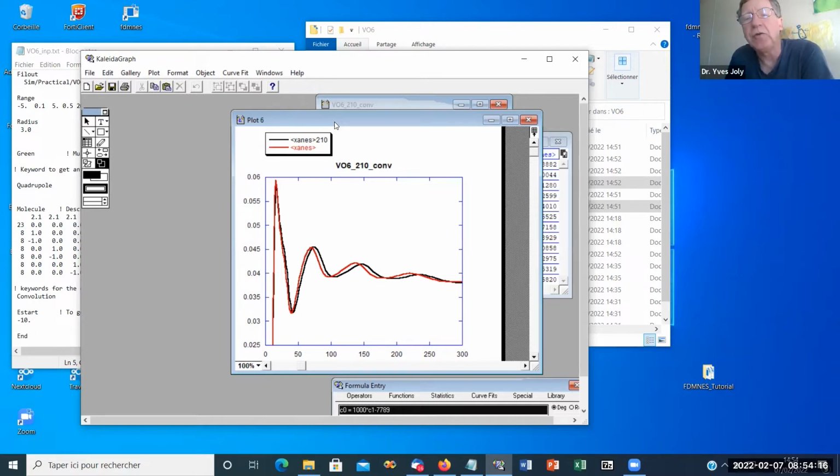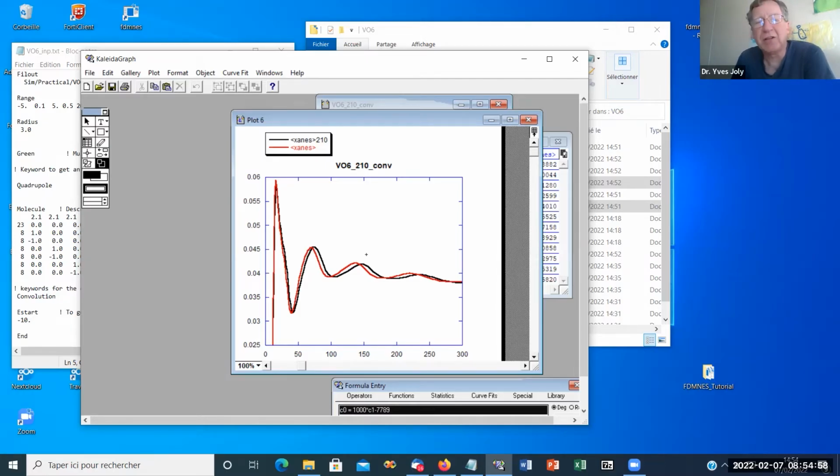It's due to the fact that you have an exponential, if you consider the scattering, of k, the wave vector of the photoelectrons, up to a distance equal to r, some distance of the first shell, for example. And to have the bump at the same position, if you increase r by some value, you have to decrease k to have the same effect. And k is the square root of the energy. So you can understand that if you contract your sample, it will give an expansion of your spectra.